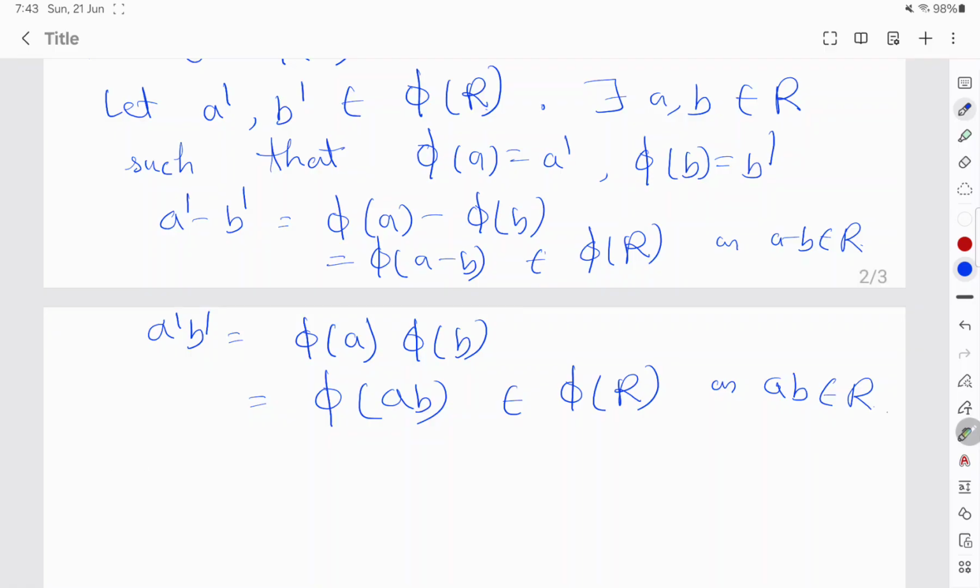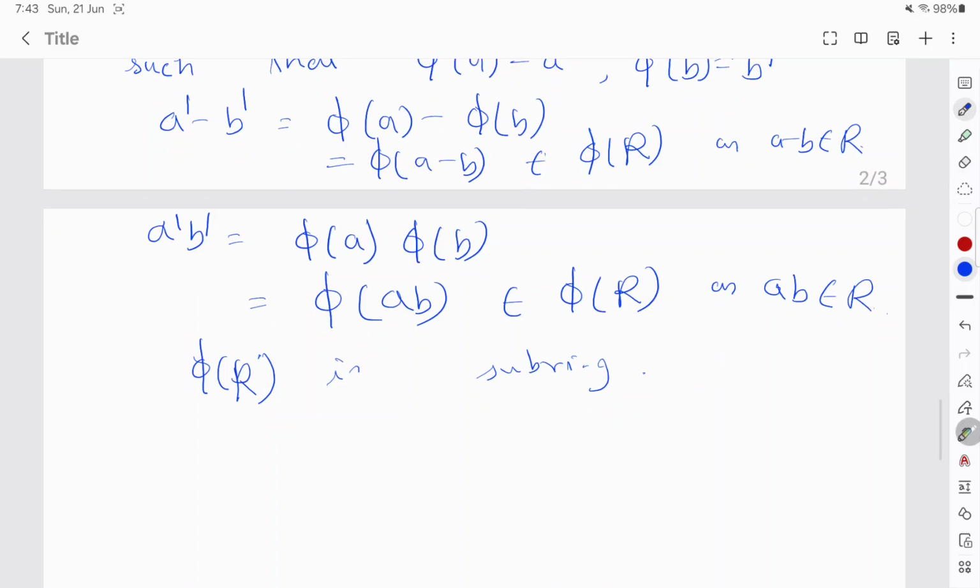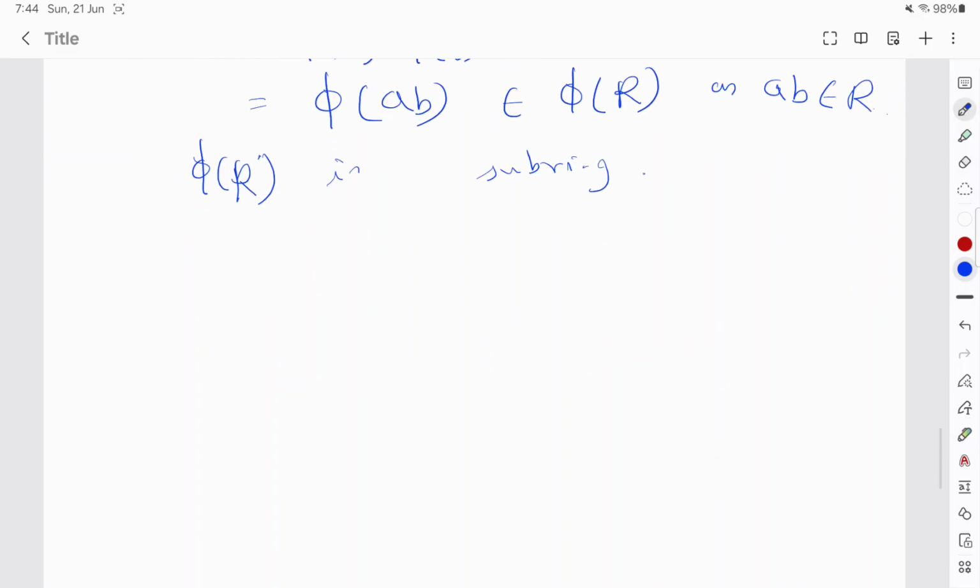So you have proved the two things, so you can say phi of R is a subring. In a similar way you will be able to prove that.